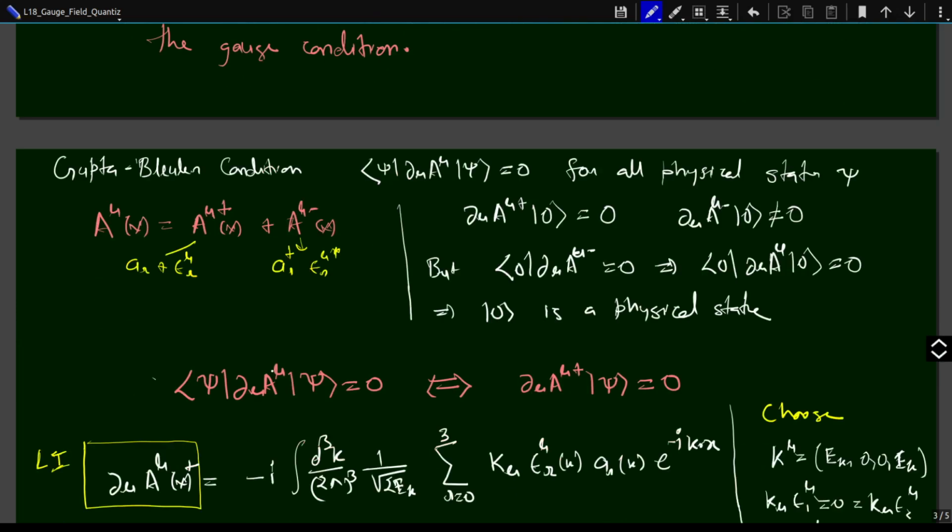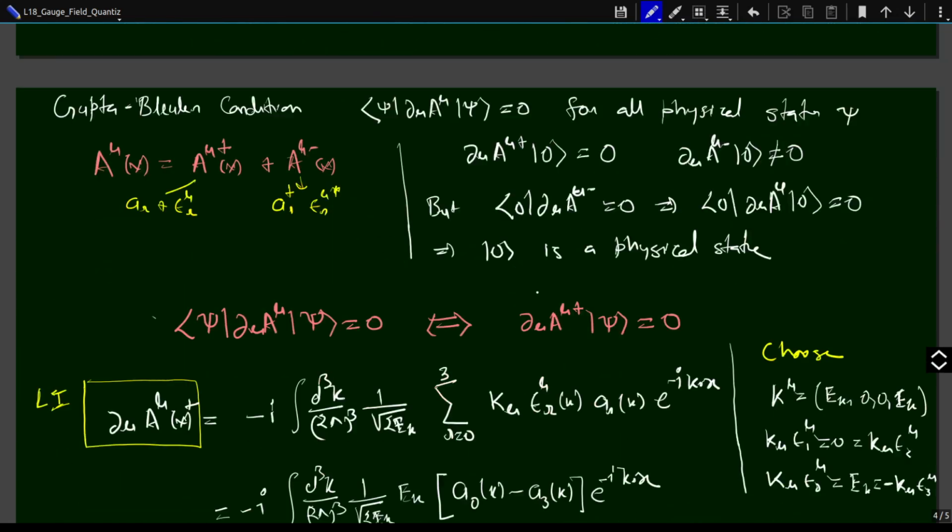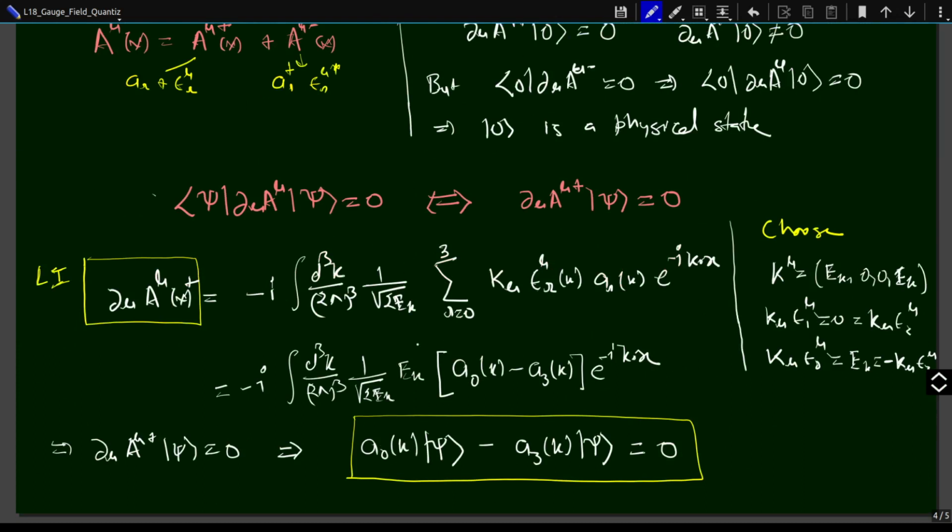This is what was predicted over here, the negative norms, and this is exactly what is shown: my gauge condition basically amounts to saying that the scalar and the longitudinal components cancel each other. But this is happening at the state level, acting on the state itself it is 0.